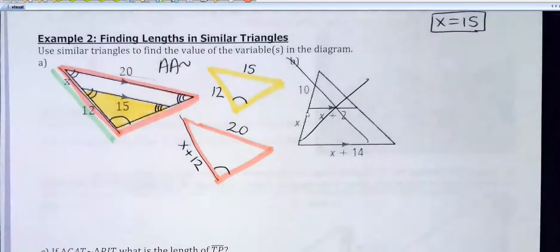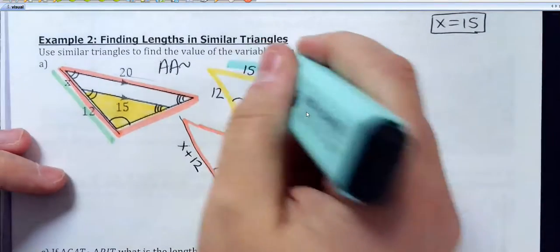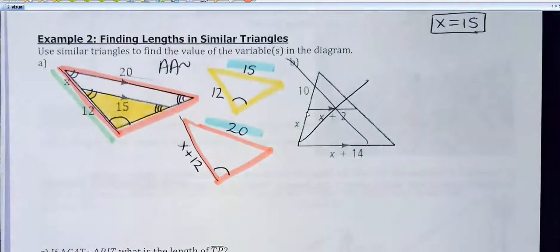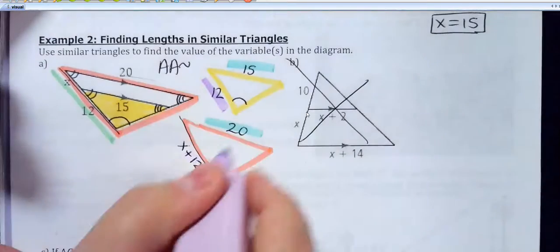Okay, now once you're there, you've got enough information to set up a proportion of corresponding sides. The 20 is going to go with the 15, right? Those are in corresponding locations. So the 15 and the 20 go together, and then you're going to have the 12 and the X plus 12.